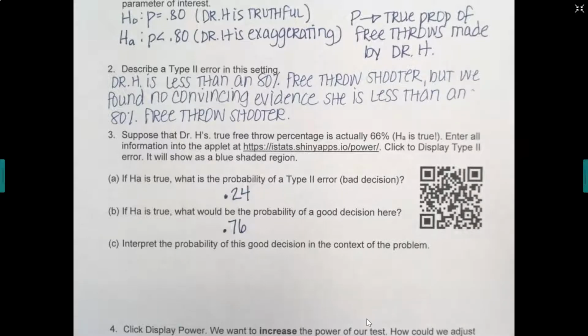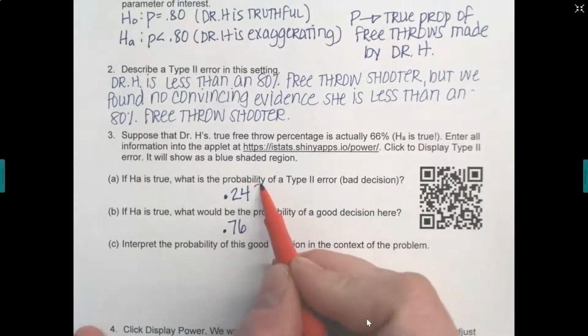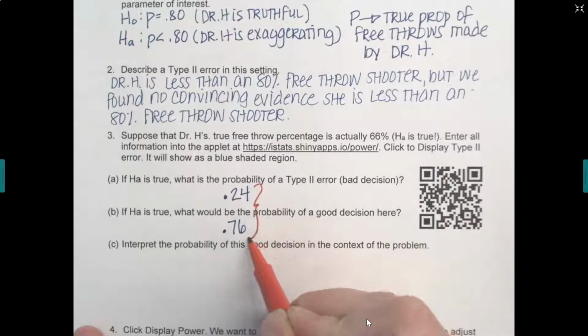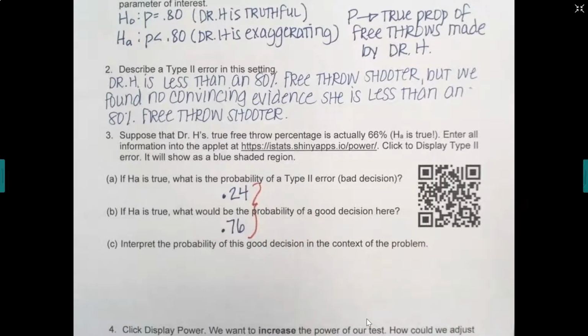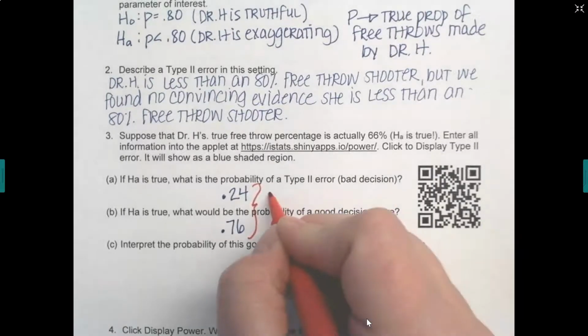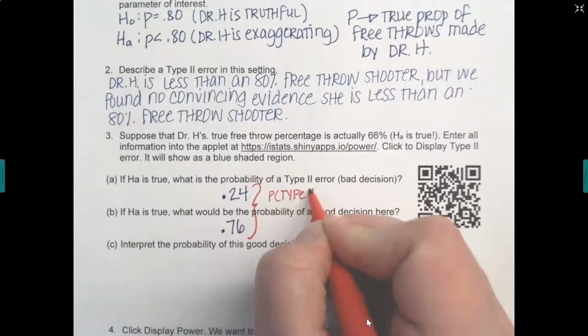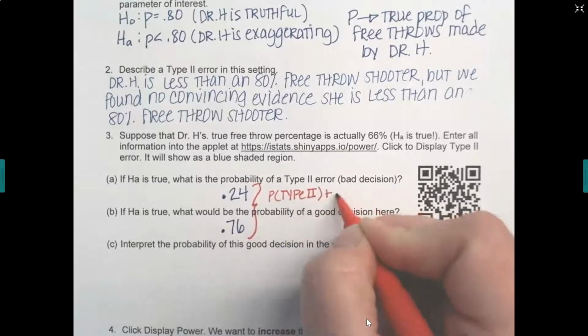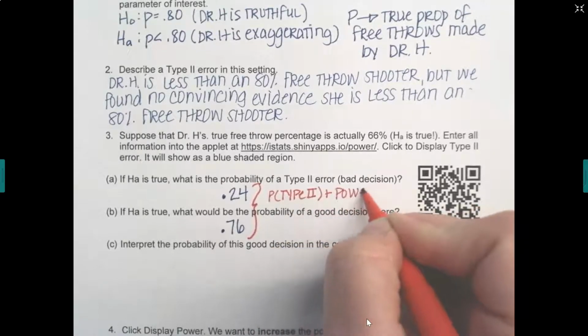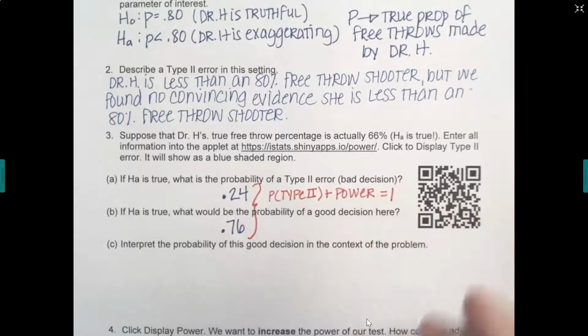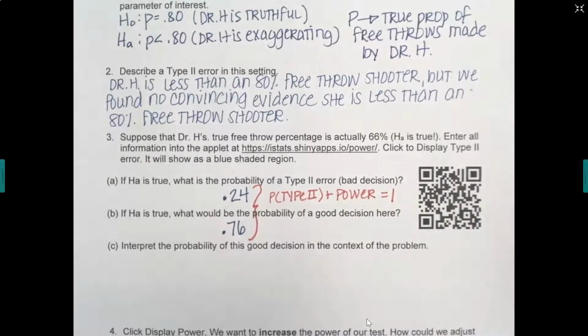Okay, so when we look at these two things together, the probability of a type 2 error plus power will always equal 1.